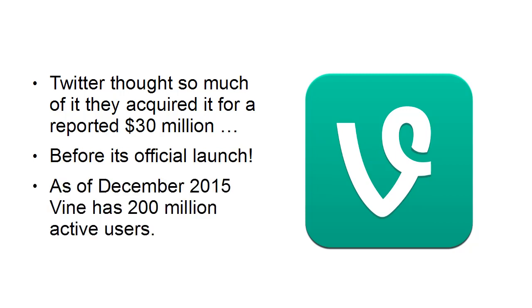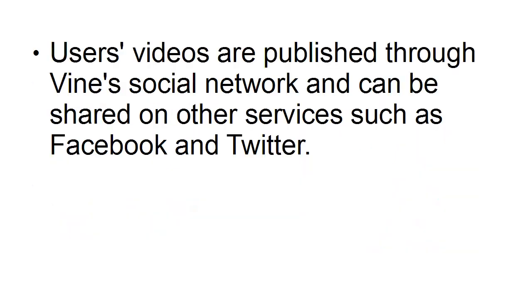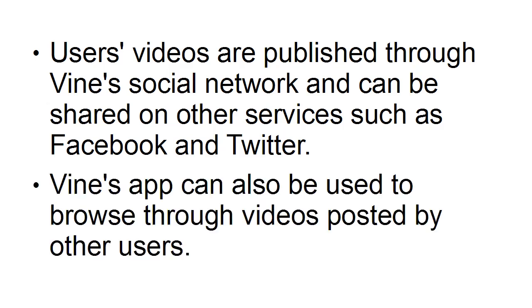As of December 2015, the last statistics that are available, Vine had 200 million active users. And users' videos are published through Vine's social network and can be shared on other services such as Facebook and Twitter. And Vine's app can also be used to browse through videos posted by other users.